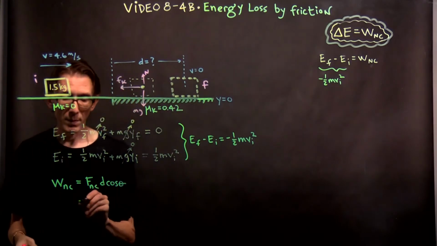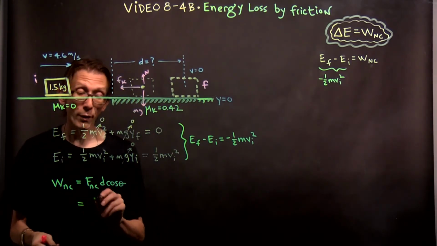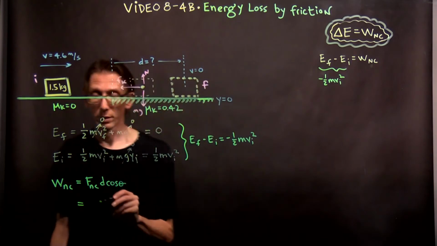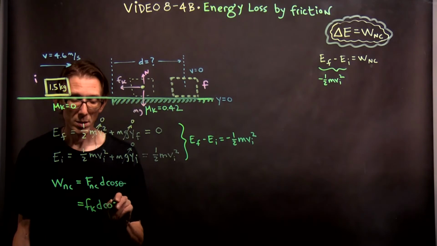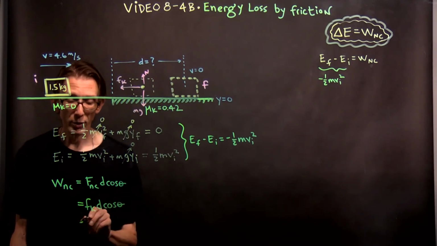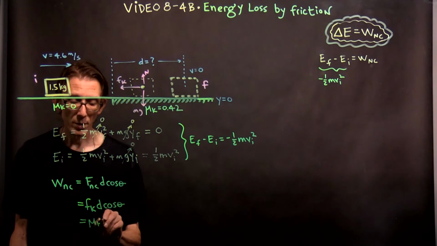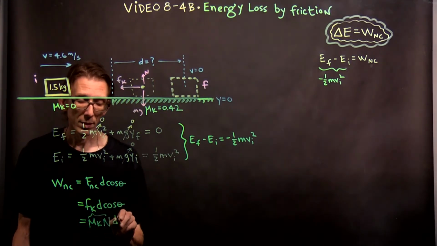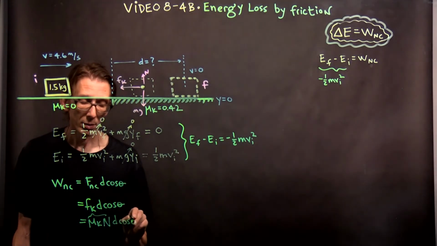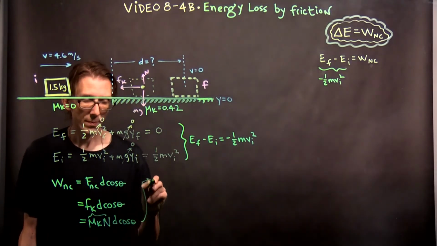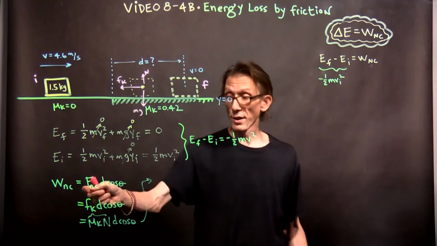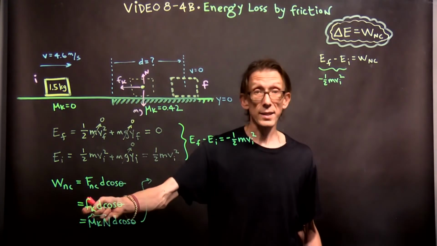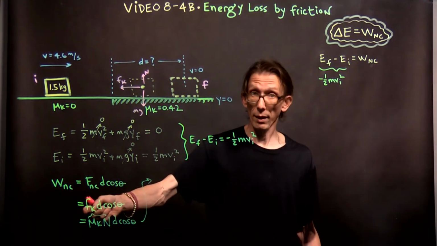So we can write this. The non-conservative force here is the force of kinetic friction. So force of kinetic friction, d cosine theta. But the force of kinetic friction is mu sub k times n, now d cosine theta. So all I've done is say that the non-conservative force acting here is the force of kinetic friction, F sub k.